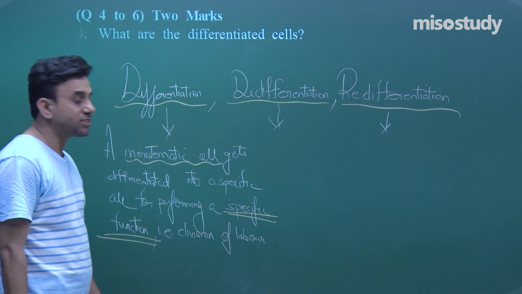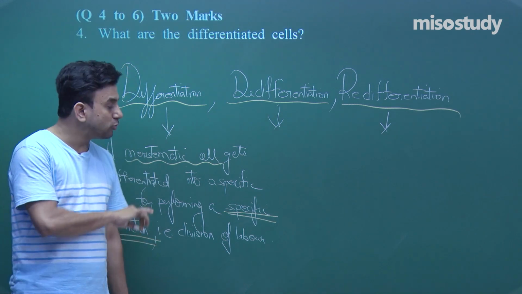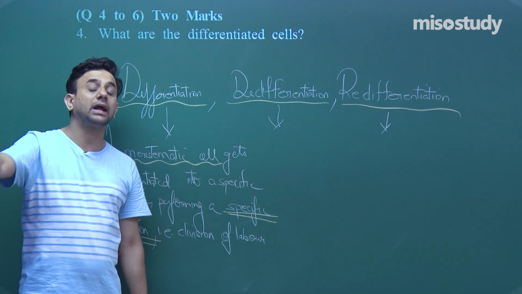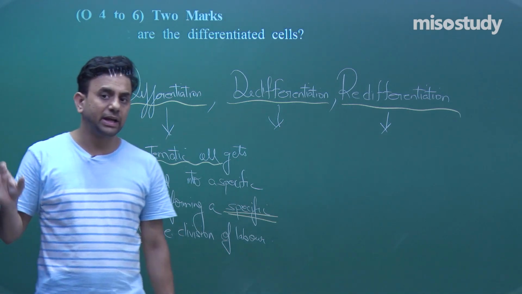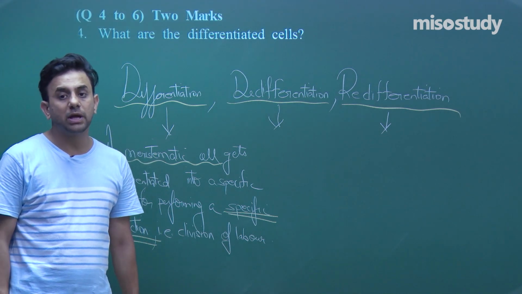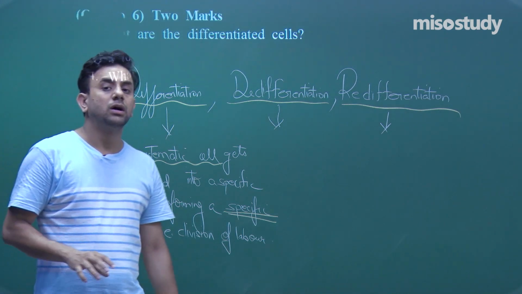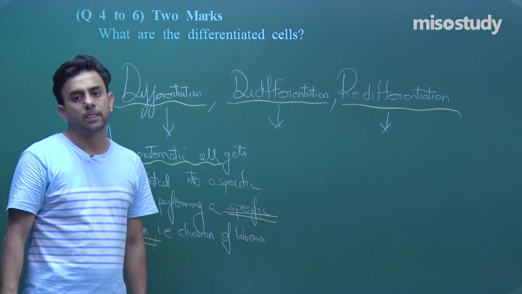Dedifferentiation, what is happening? The differentiated cell gets back into the meristematic state, that is, again it can divide. Say for example a cell which was dividing was told, you go and form the epidermis of the leaf, you have to provide the protective function now.